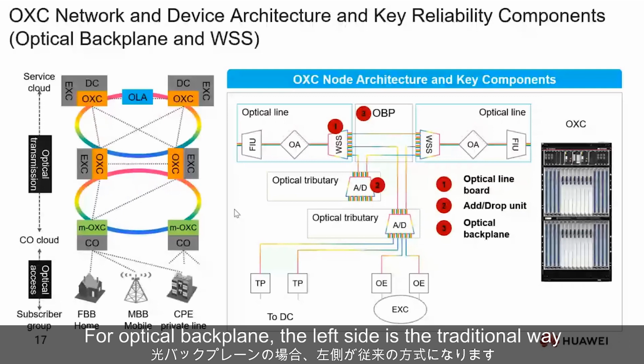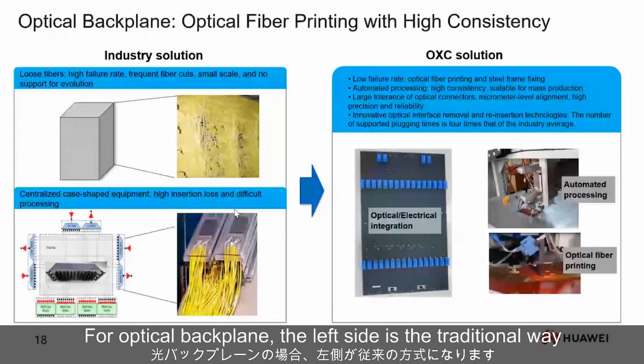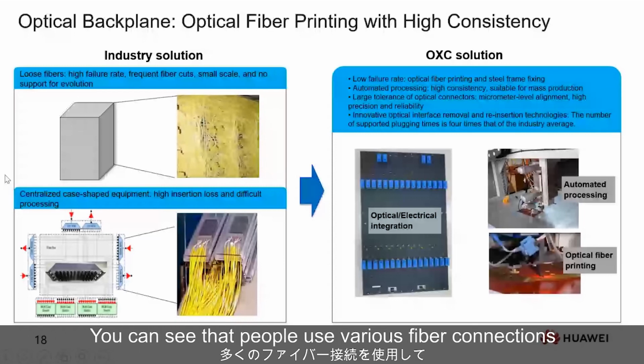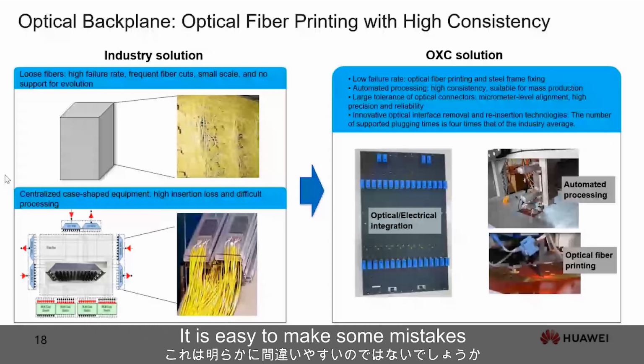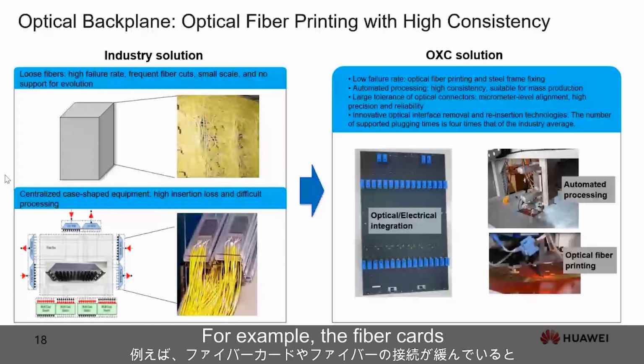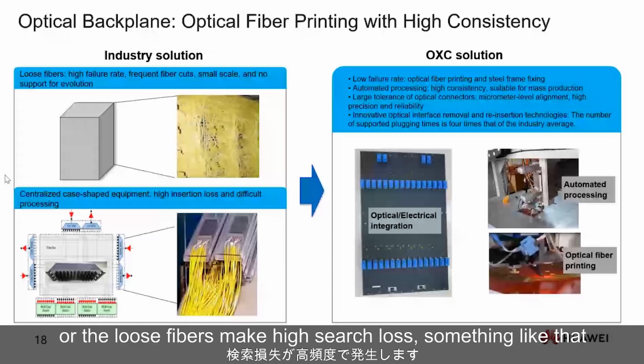From the optical backplane, the left side is the traditional way. You will see that people use various fiber connections to connect different cards and different ports, and because this is done manually, it is easy to make mistakes. For example, fiber cards or loose fibers cause high insertion loss.